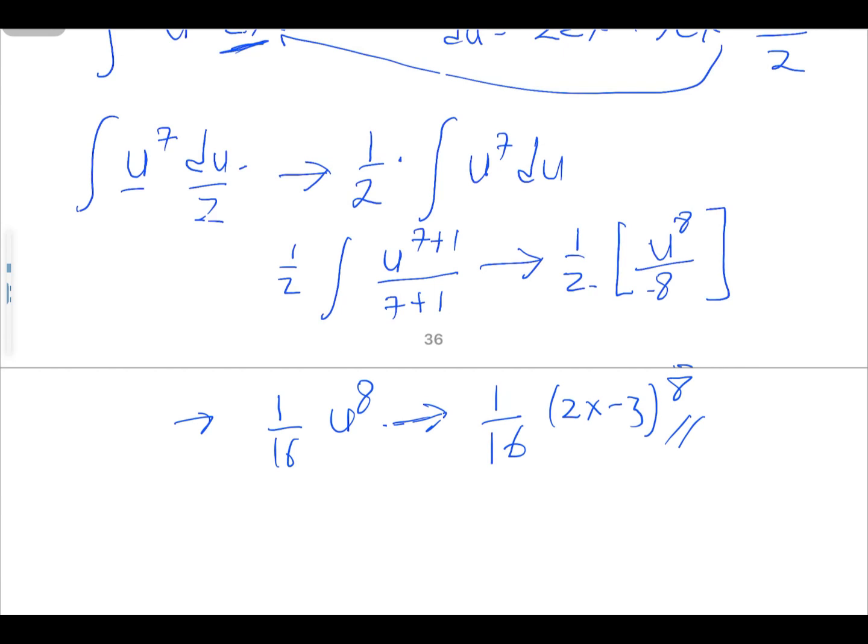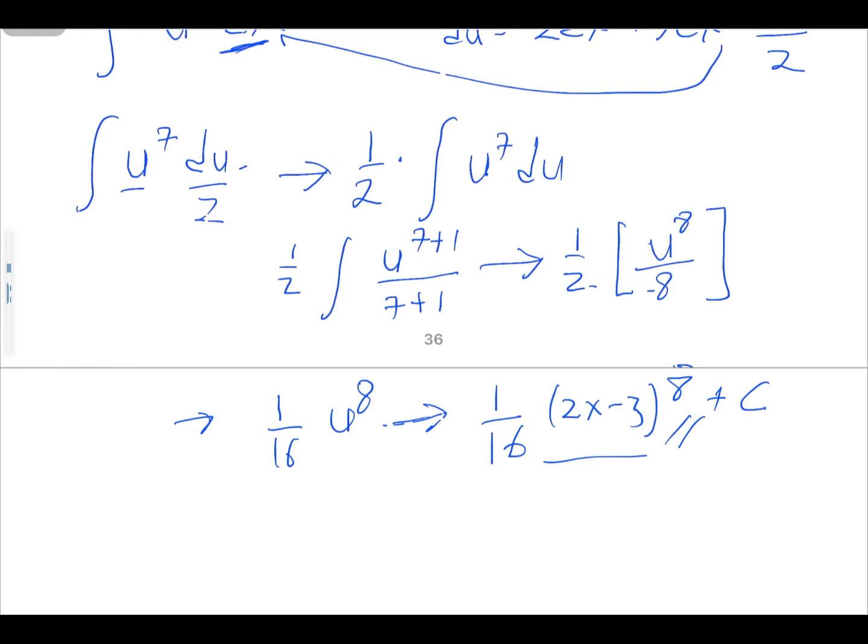But don't forget that it's an indefinite integral, and therefore we need to introduce the constant plus c, which is the arbitrary constant of integration. So now I'll leave it for you to check by differentiating this to see whether you are on the right path or not.